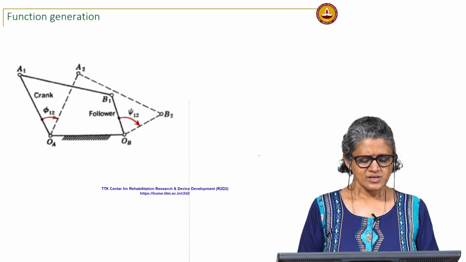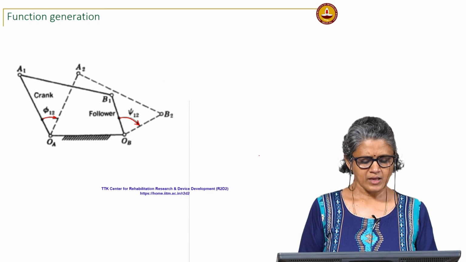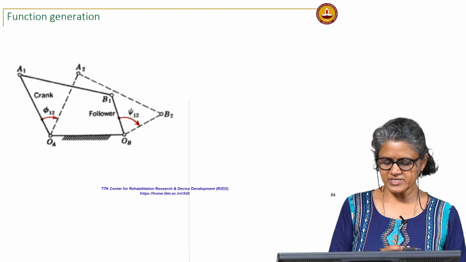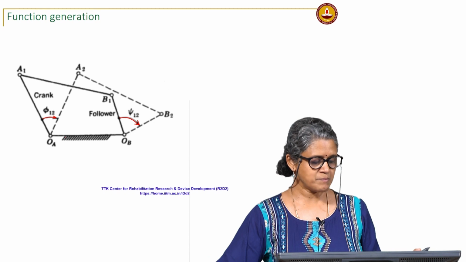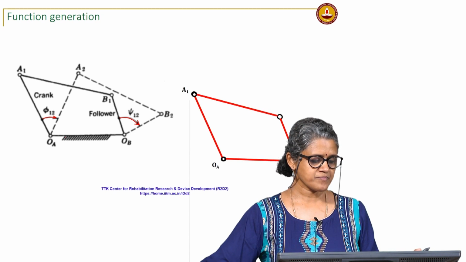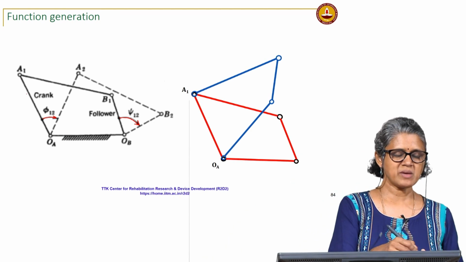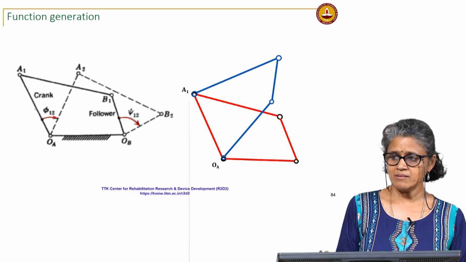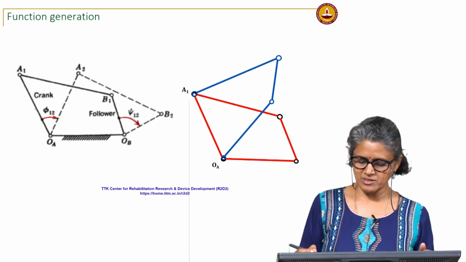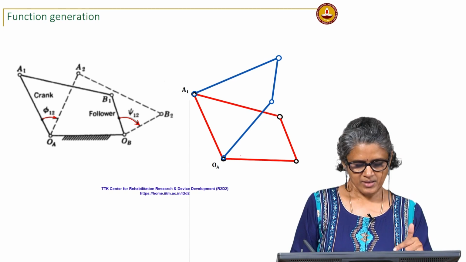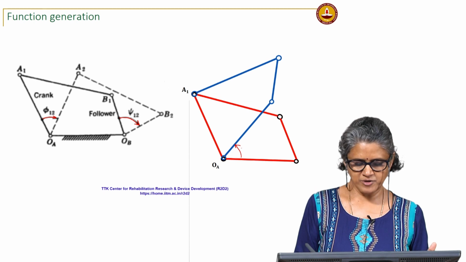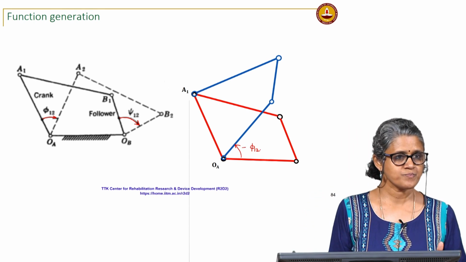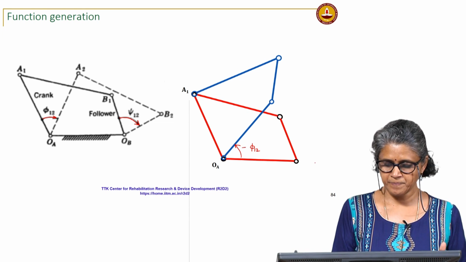Again we will use the principle of inversion by saying, instead of OA OB being my fixed link, I will sit on the input link, and then my relative motion would be that the frame would have moved by an angle phi 1 2 with respect to me.